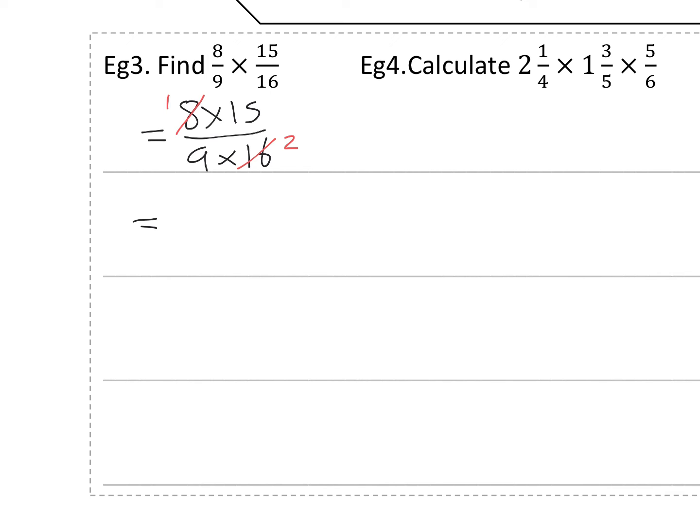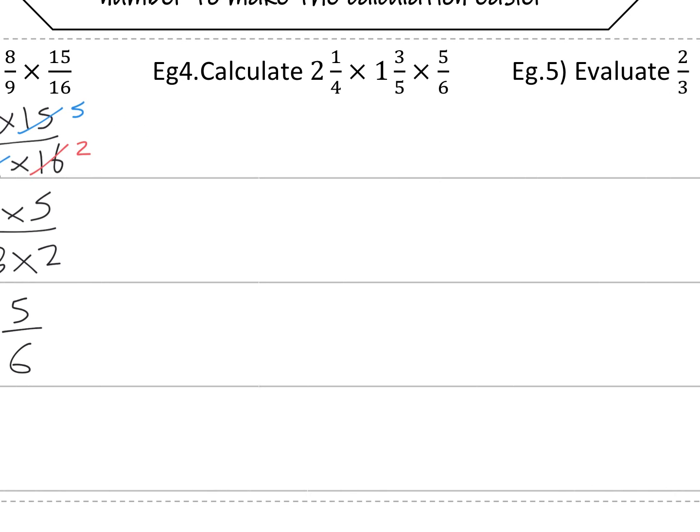And we can see a common factor of 3. 15 divided by 3 is 5, and 9 divided by 3 is 3. And we just tidy that up so you can see what's going on. On the numerator, we now have 1 times 5, and on the denominator, we have 3 times 2. On the numerator, we get 5, and the denominator, we get 6.